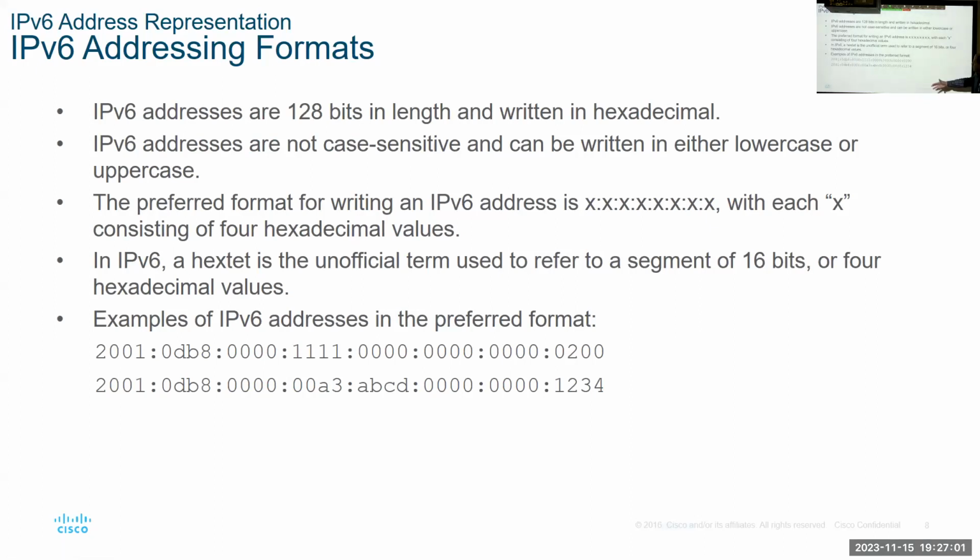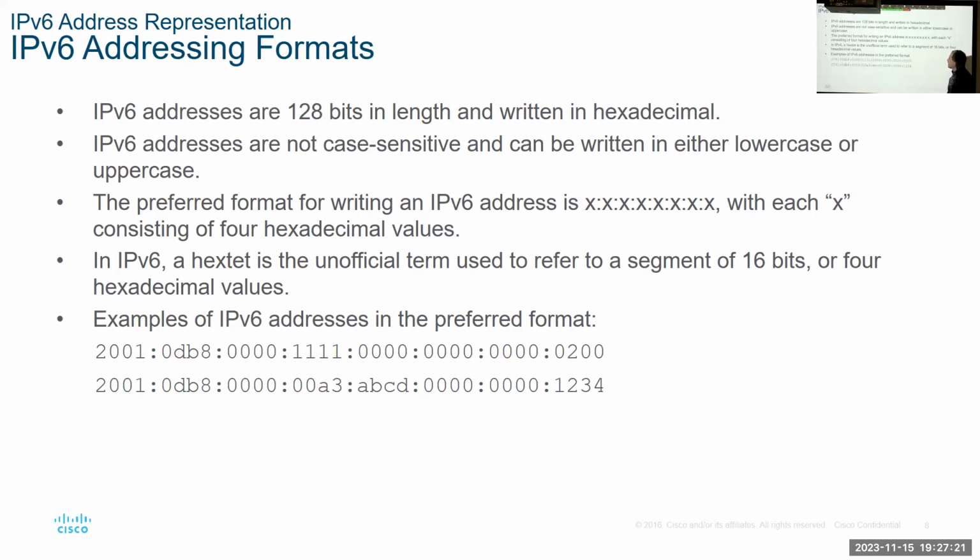They're all big, ugly looking addresses that can be made to look a little bit less ugly by some shorthand that we'll look at. I think that was covered in CNT101, so we'll just do a quick review of it.